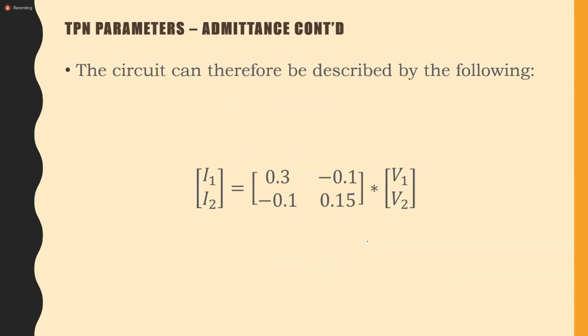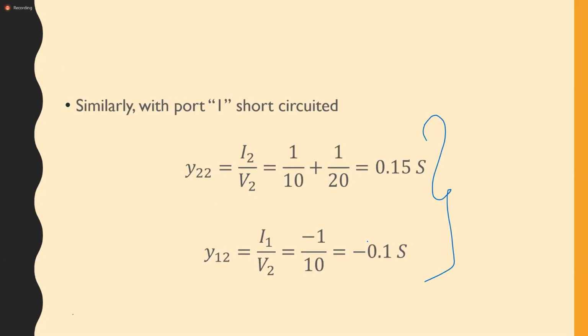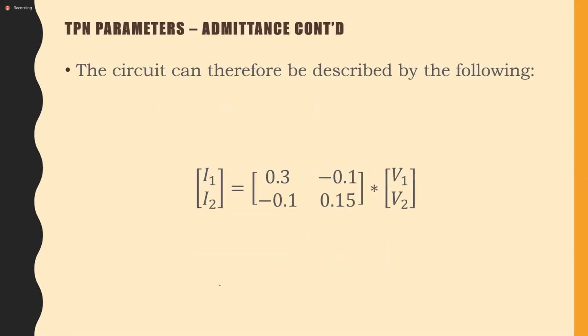So in matrix form, we have I1, I2. And note, when I'm speaking about the individual parameters, note that I use a lowercase y. However, when I'm dealing with the matrix, this is now uppercase y.